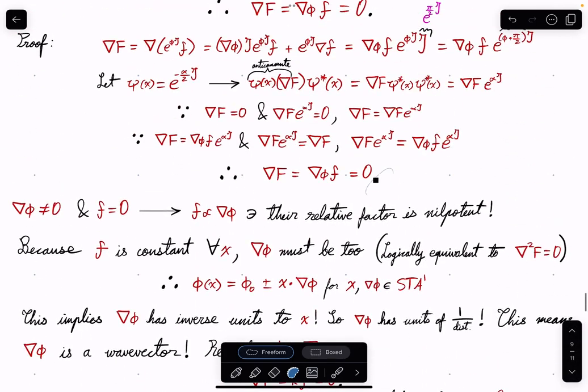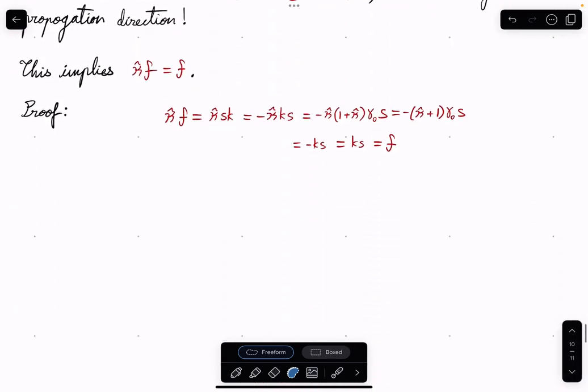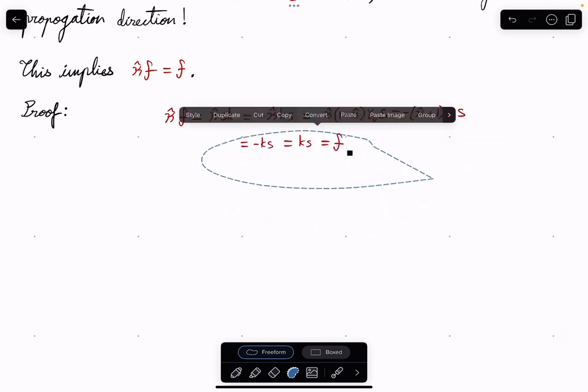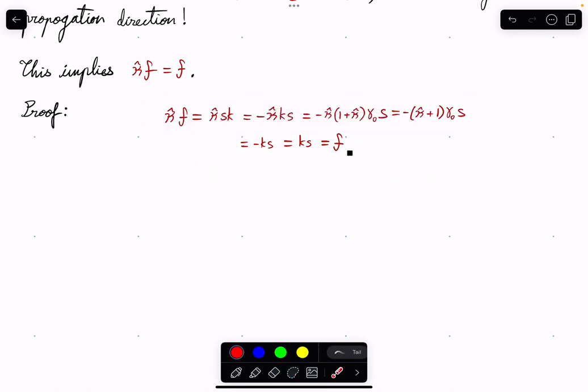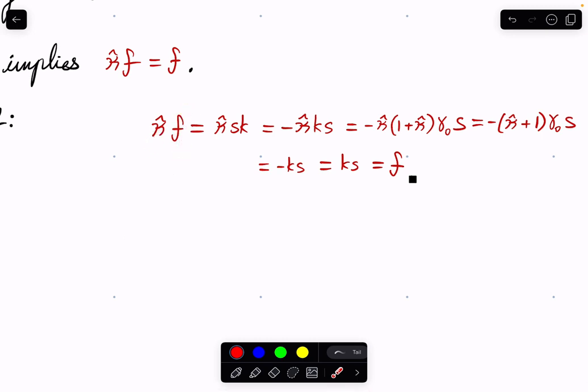So come up here, steal this. You have that the canonical bivector is an eigenbivector of this propagation direction, which is a relative frame. That means that this canonical bivector, when broken into the correct frame, the state remains the same.